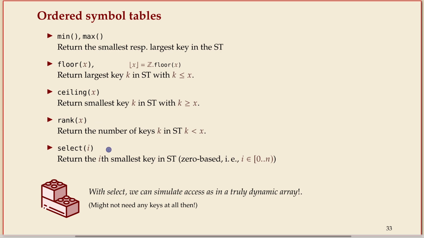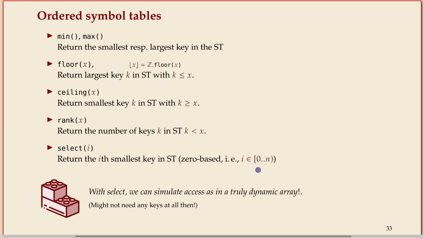And then we have two more interesting operations, rank and select. Rank is given a key, and it finds the number of elements in the symbol table whose key is smaller. And select is the inverse operation. You give it a rank or an index, i, a number, and it finds you the element that is the ith smallest.